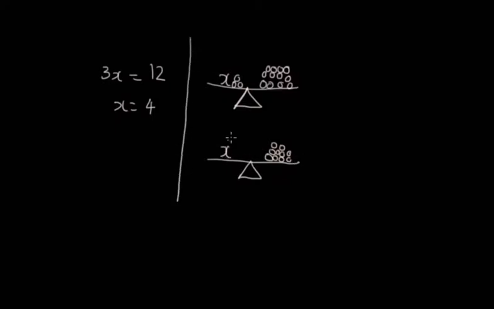They're still equal. So when we do something to one side of an equation, we always do it to the other, whether that be taken away. In this case, we've divided both sides by 3. In this little picture representation of an equation, we've taken 3 away from that side and we take 3 away from that side. The x doesn't change, but by doing the same to each side of the equation, we can find the value of x.